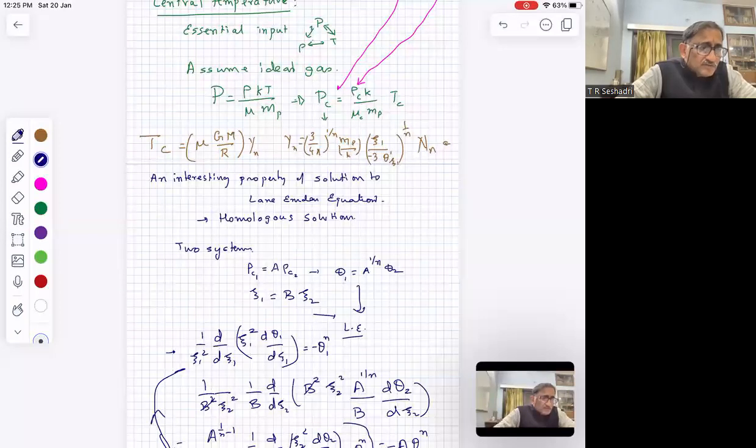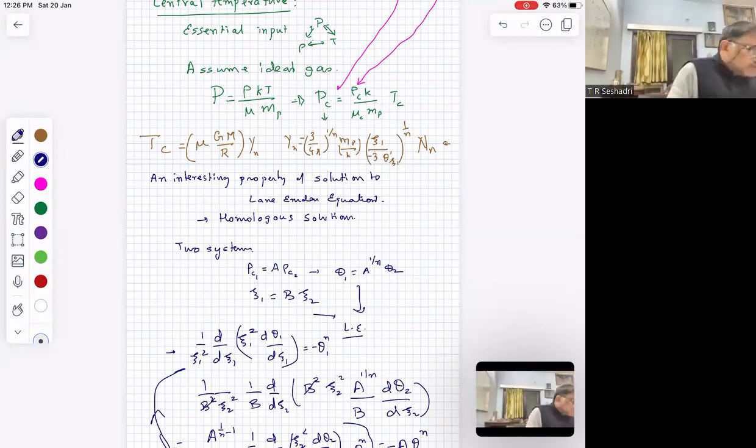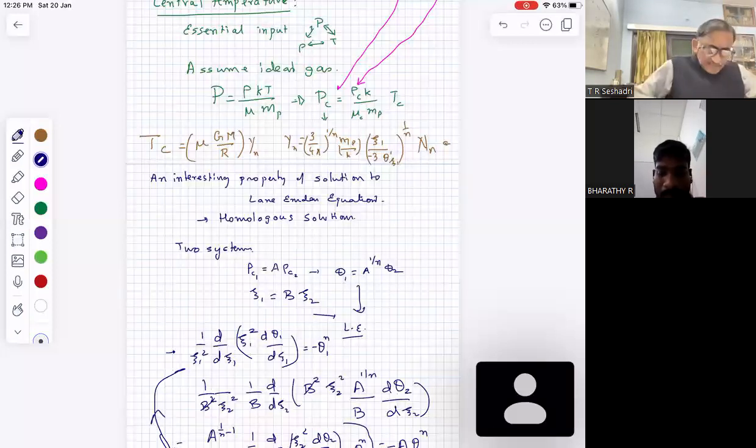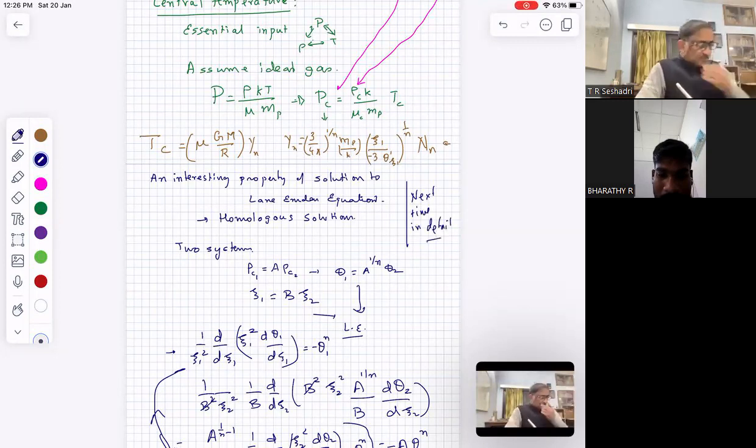So all systems, independent of their central density, if two systems have the same n, in terms of the dimensionless variables, both will follow the same Lane-Emden equation. Okay, that is what I wanted to emphasize. So I will do this next time in detail.